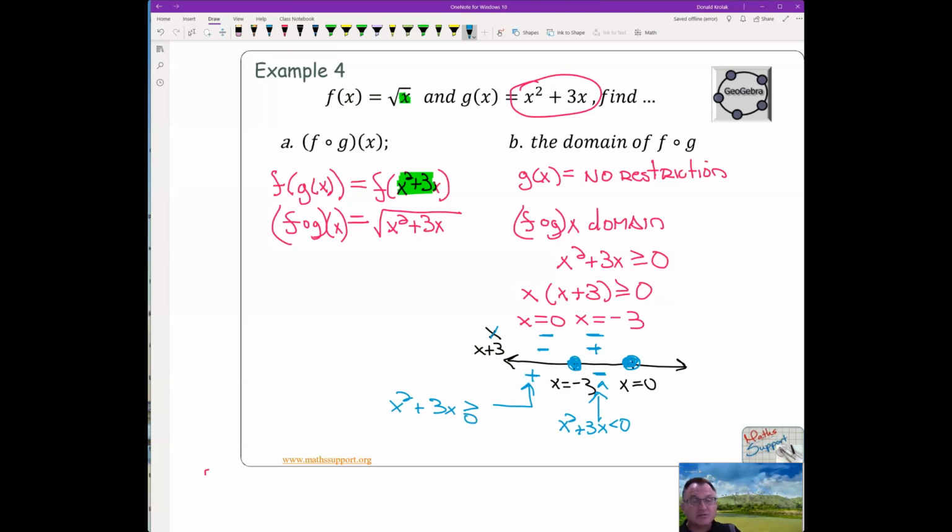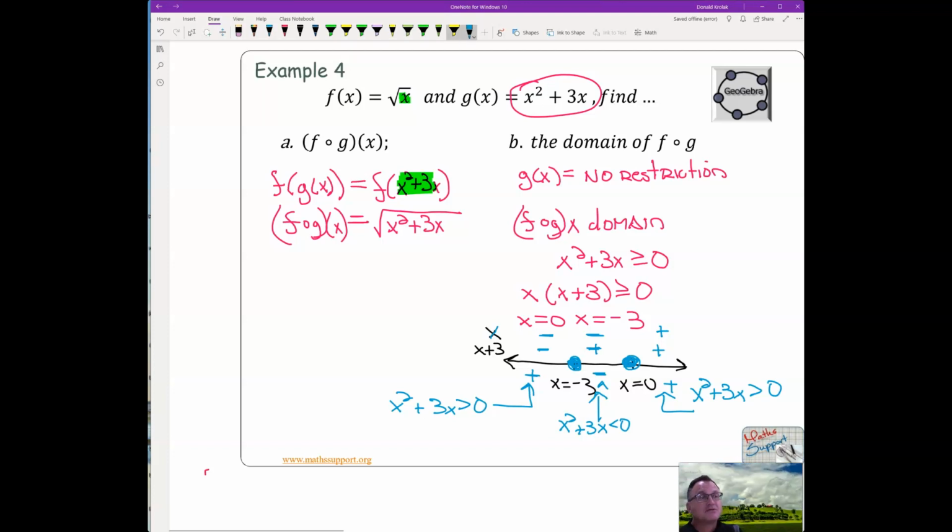It's equal to 0 at the two dots. Then over here, pick a number greater than 0. x is positive, x plus 3 is positive, so this positive informs me that x squared plus 3x is greater than 0 for numbers to the right of 0.